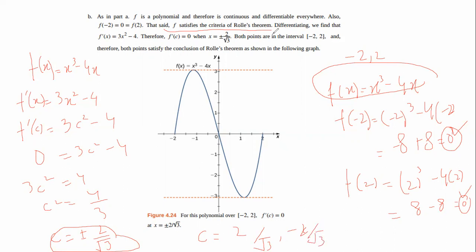So my first loop starts from f negative 2. Intervals are negative 2 and 2. So it starts with negative 2 and ends at positive 2. Now there are two intervals. Two intervals mean that it has two values of c.